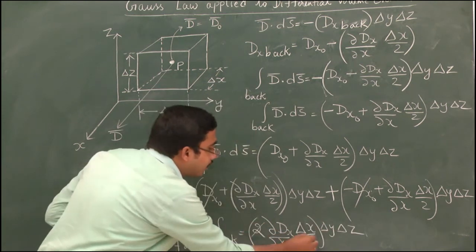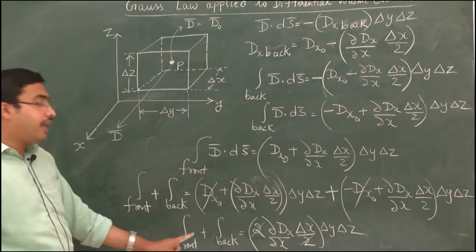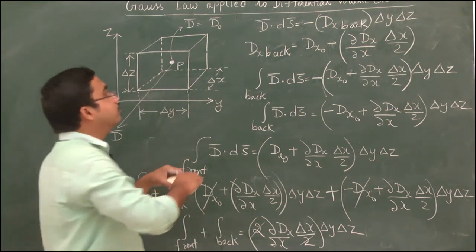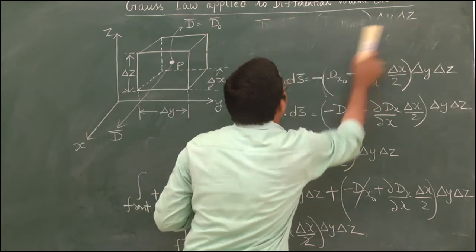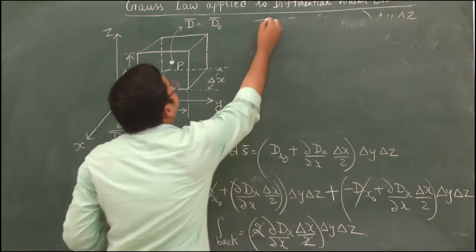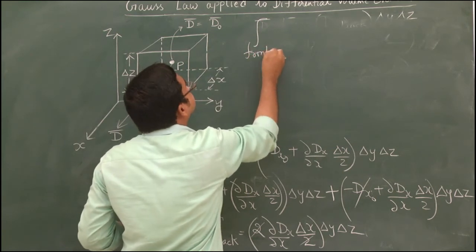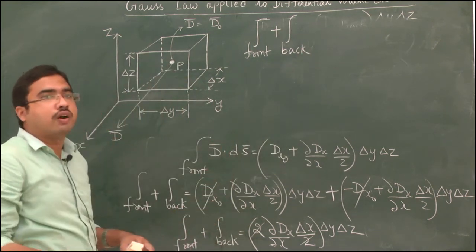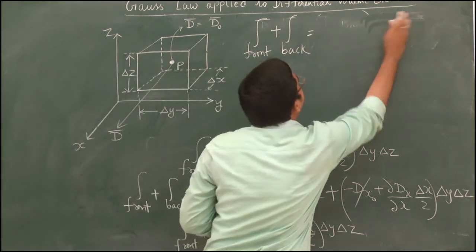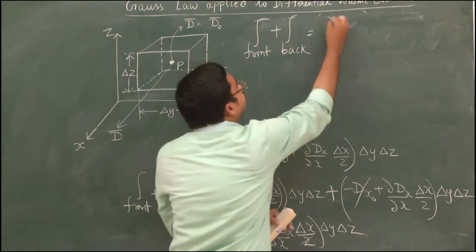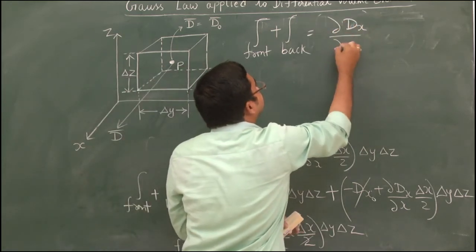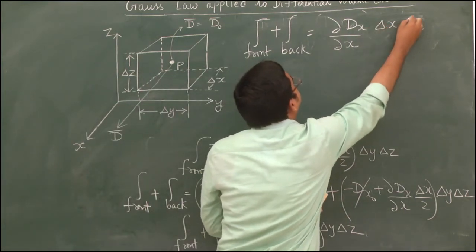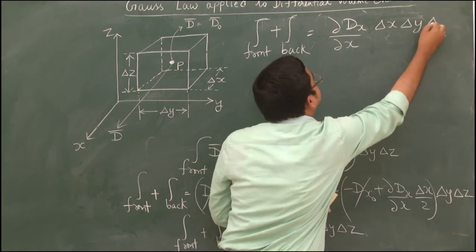So here the 2 will be cancelled and your final expression for front integral and back integral surface, let us write those again. So front integral plus back integral for this differential volume is equal to ∂Dx/∂x into Δx, Δy and Δz.